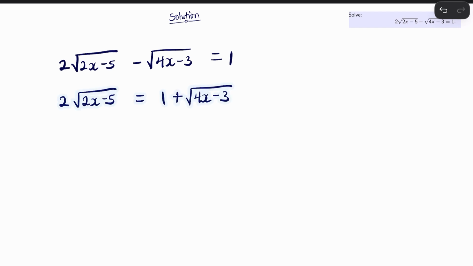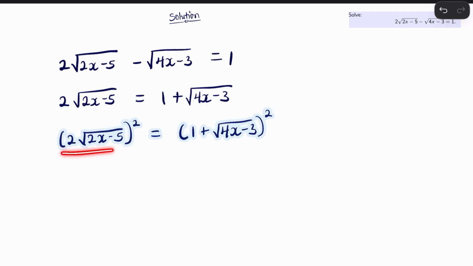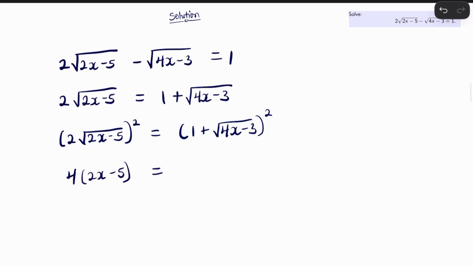We want to get rid of the square roots, so we are going to square both sides. So squaring both sides, we are going to have (2√(2x - 5))² is equal to (1 + √(4x - 3))². For the left hand side, we are going to have 4 times (2x - 5), which is 8x - 20.